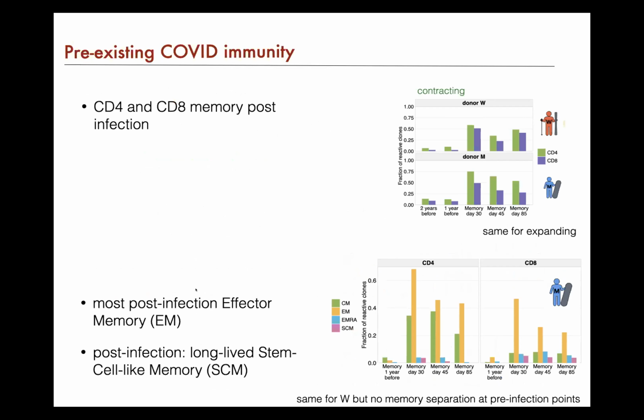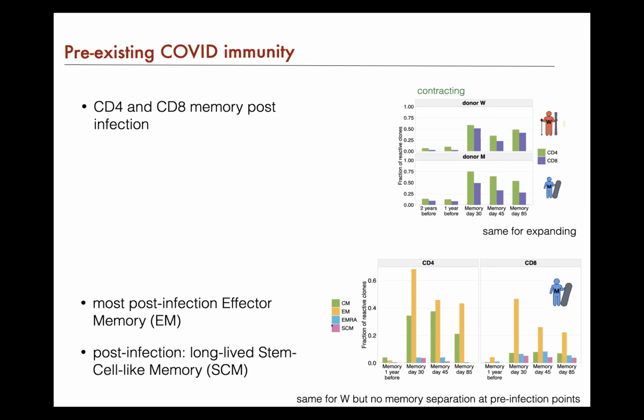If we look at them in more detail, I mentioned that we have a separation into memory and naive. I'm going to show you data for contracting, but the same holds for expanding. We see memory post-infection in both CD8 and CD4 for both donors. And if we take a closer look, we see that most of the memory is in the effector memory pool.